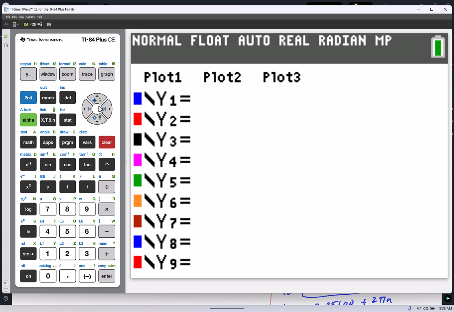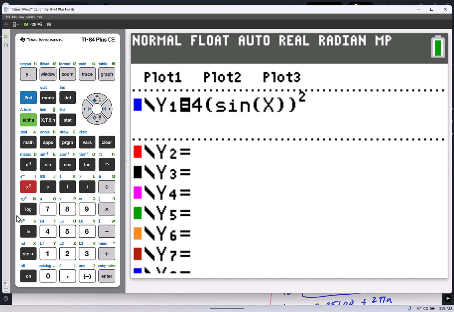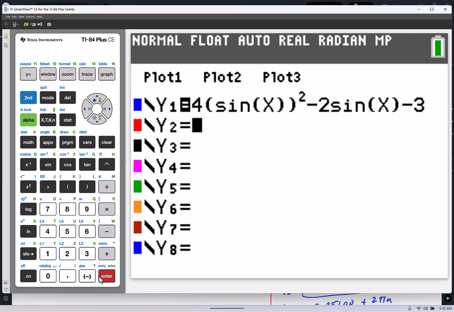All right, look, here's how you type it in. Ready? 4, and then open up a parenthesis for the sine squared. You're going to go sine x, close, put a square on it. And then what was it? Minus 2 sine x. And then what was the last number? Was it minus 3? Yeah? Minus 3. And then it equaled what? 0?